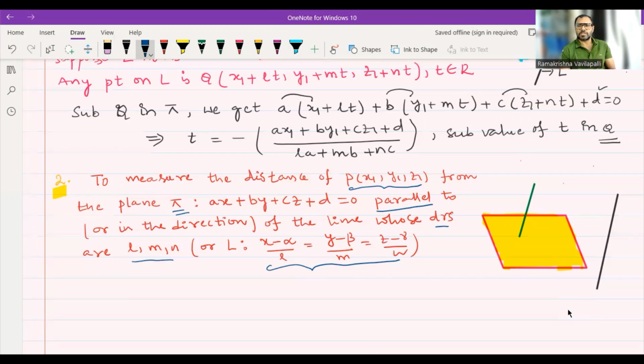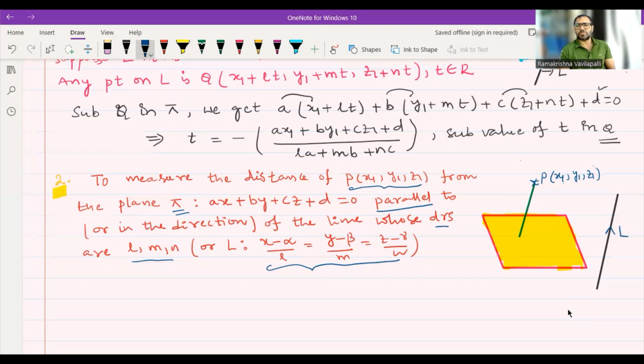The distance of the point from the plane can be measured in any direction, but we need a unique direction. That unique direction is decided by the given line. Suppose this is the given point P (x1, y1, z1), and suppose the given line L is this. We have to measure the distance along this line or parallel to this line.